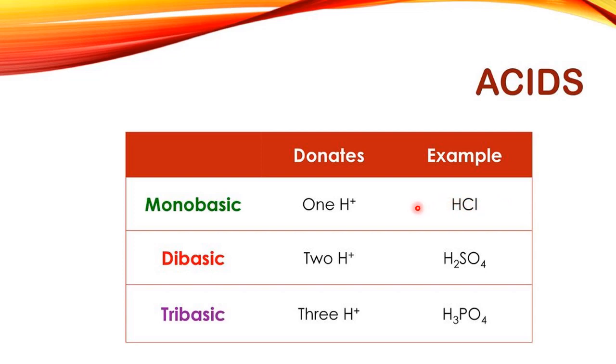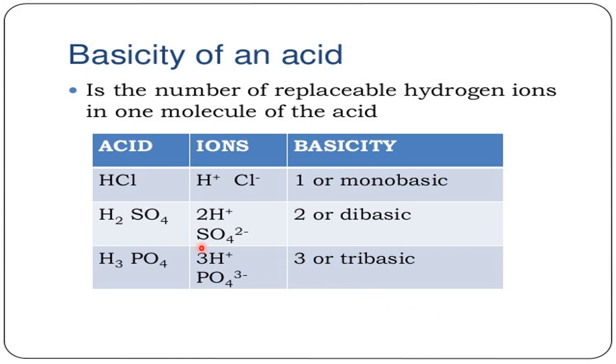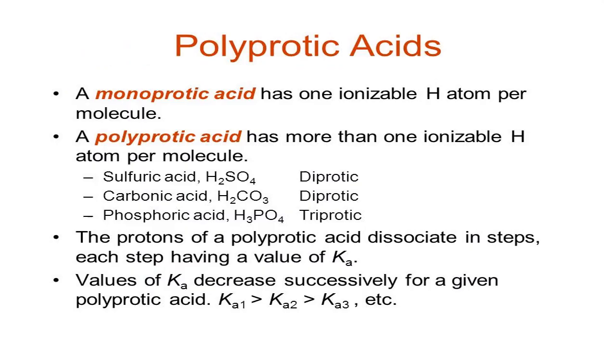Therefore, the basicity of this acid is 1, of this acid 2, of this acid 3, and so on. Depending upon the number of replaceable H plus ions, basicity is calculated. Here the basicity is 1, of this is 2, of this is 3. Just now I told. Okay, right.